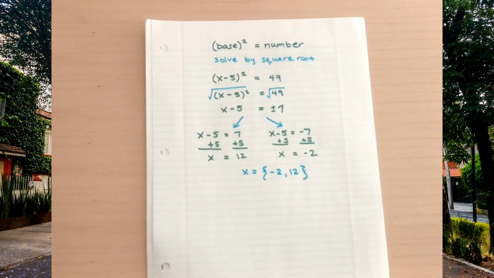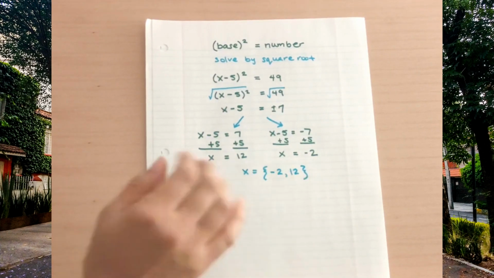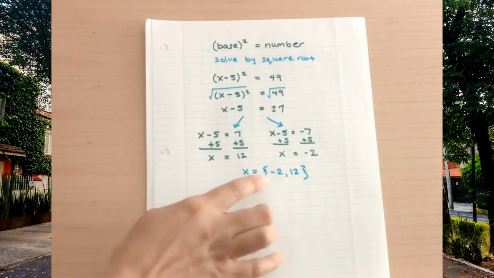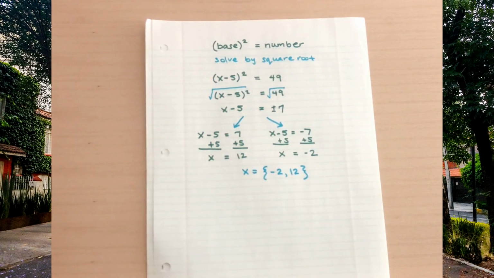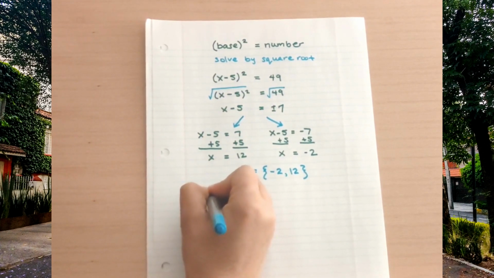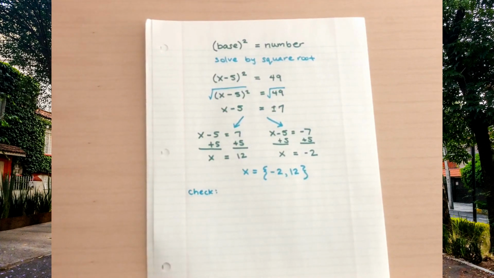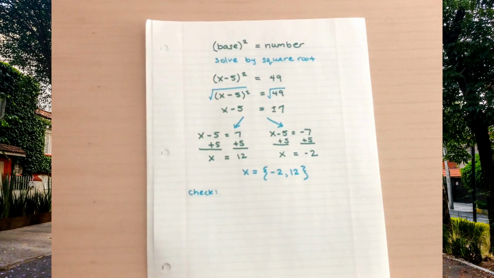Okay, and it's always a good idea to check your answer though. So we have these two solutions. To check them, we can just plug each solution in for x in our original equation and make sure that it works. Let's see how that goes. So first I'm going to test out the 12. Let's plug in 12 for x there.